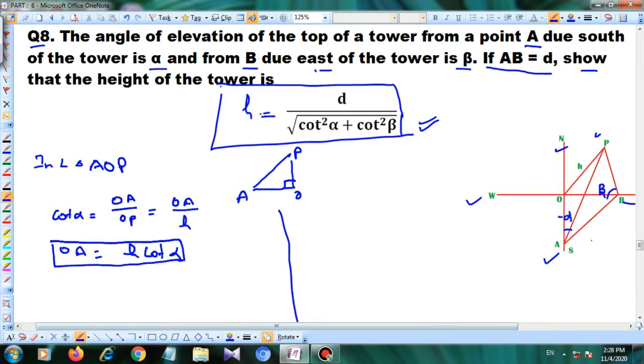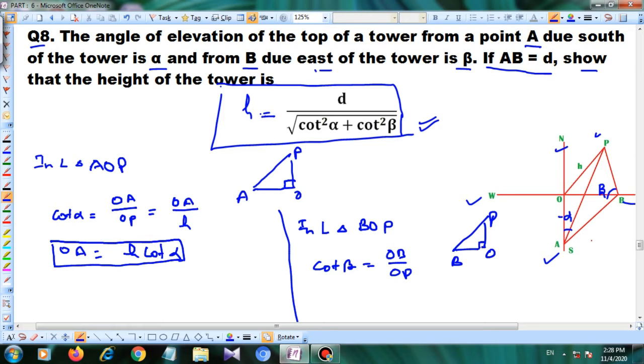Now in right angle triangle BOP, clear? Here cot beta equals base upon perpendicular. So the base is OB upon OP, right?